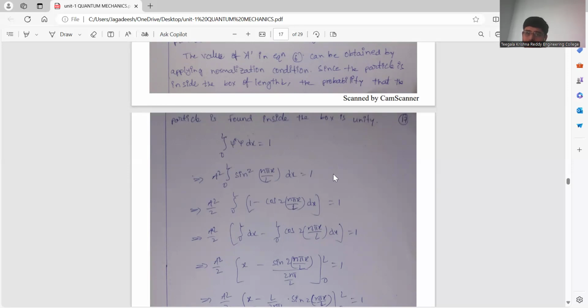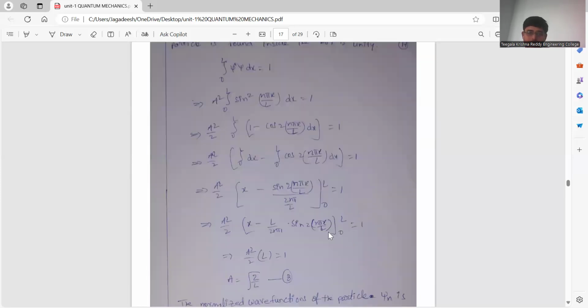Taking 2 common, we write the equation in the form 1 minus cos 2x, where 2x is 2n pi x by L. Then we apply the integral separately: integral 0 to L dx minus integral 0 to L cos 2n pi x by L dx equal to 1. Then we apply the limits.